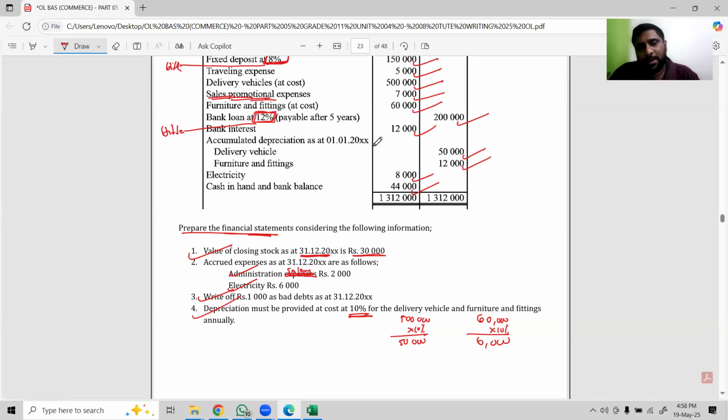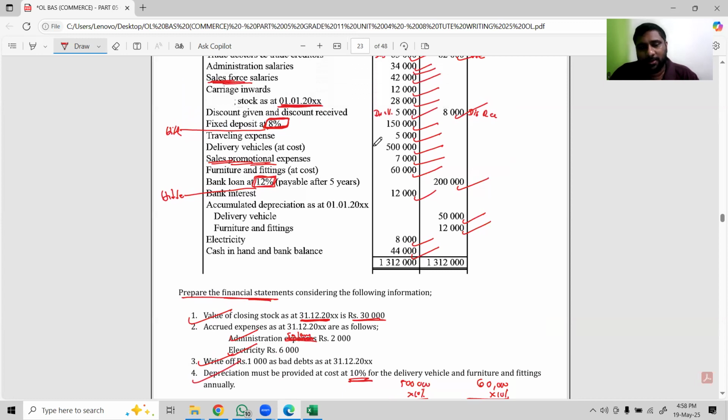And apart from that, I told you in this question, two hidden adjustments are there. One is this fixed deposit, 8% interest income. 150,000, 8% means 12,000. So it's an interest income for the business.